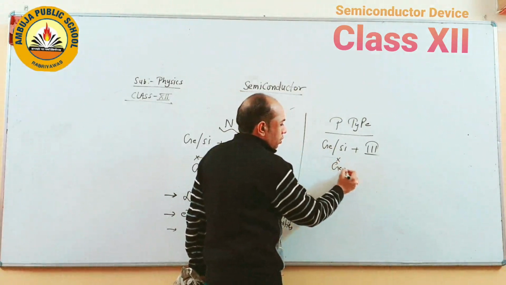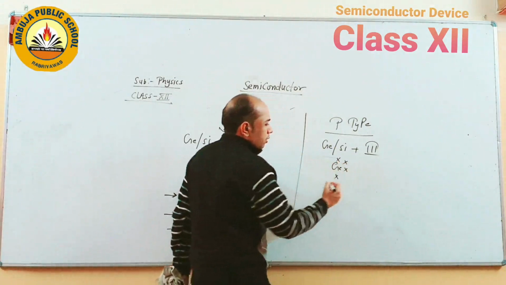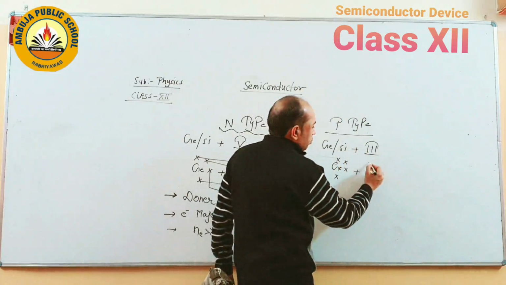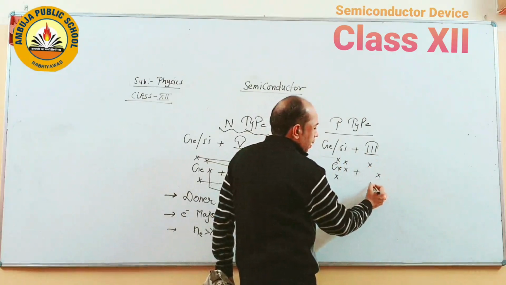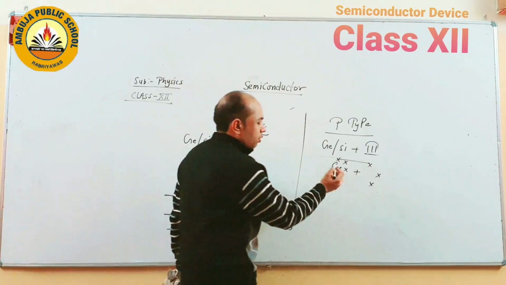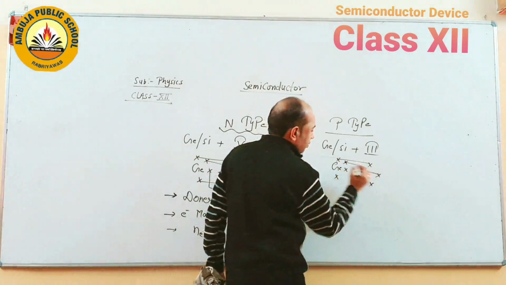Similarly, in a p-type semiconductor, germanium again has 4 valence electrons. This is mixed with trivalent impurities. Trivalent means we have only three electrons. So one forms a covalent bond with one of the trivalent atom's electrons, then second and third.